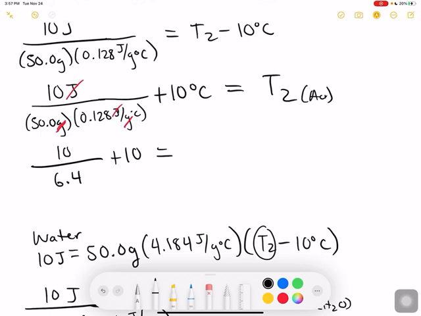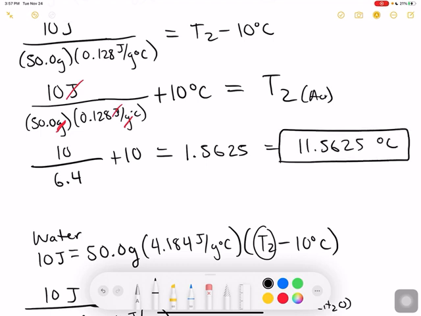And then 10 divided by 6.4, it's going to be 1.5625. And then plus 10, the result is going to be 11.5625. So that's going to be the final temperature of the gold, if I put 10 joules.